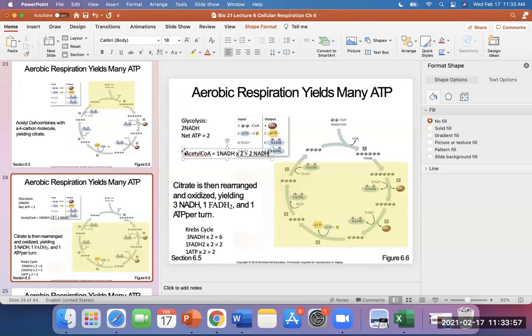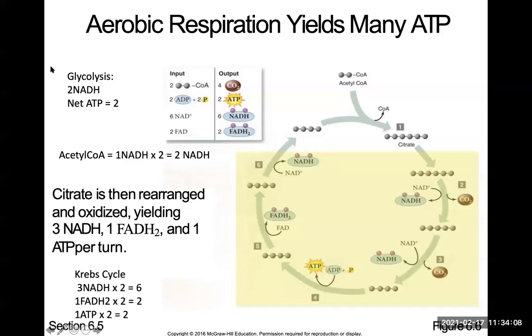How many total NADH do you have so far after the Krebs cycle? Scott said 6. No, total.